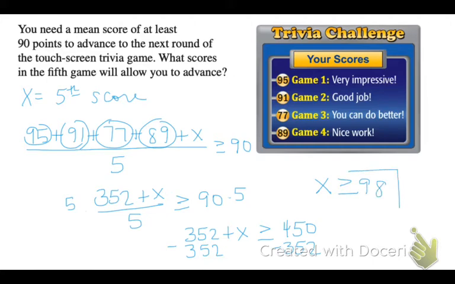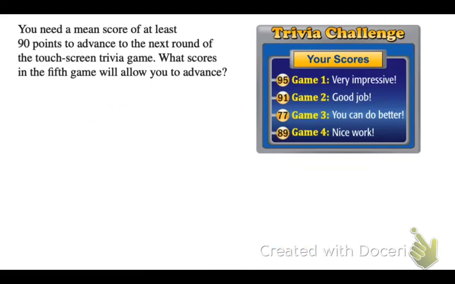So we need to score at least 98 on the 5th game in order to advance. Okay? And at the very end, make sure it makes sense. You might want to check your work. You can add that 98 in with the other 4 scores. Divide by 5, is that at least 90, and it will be. All right, that concludes notes on lesson 2.4.